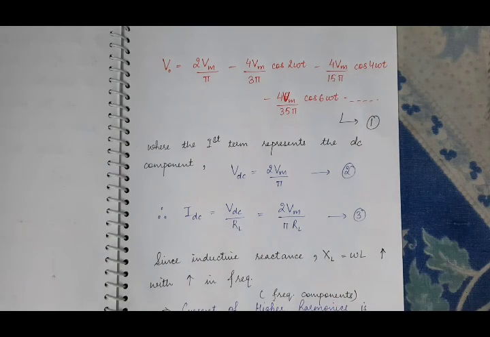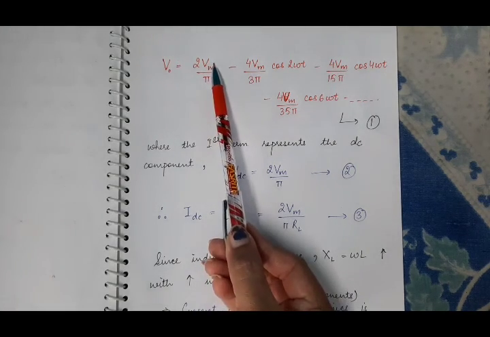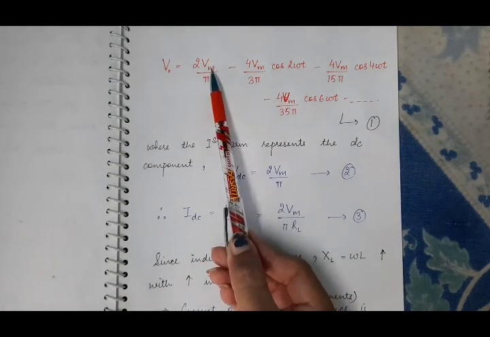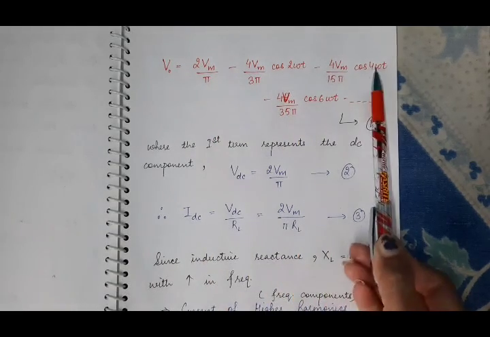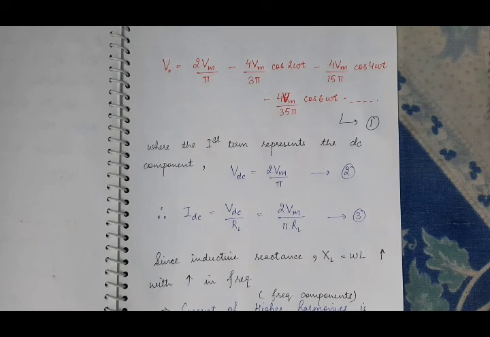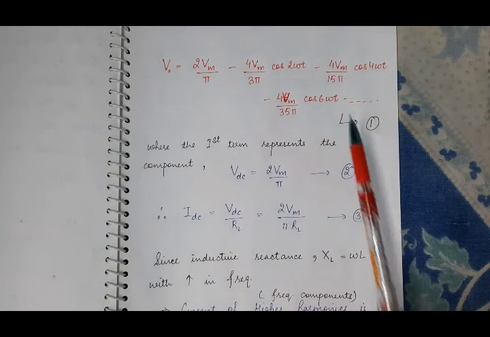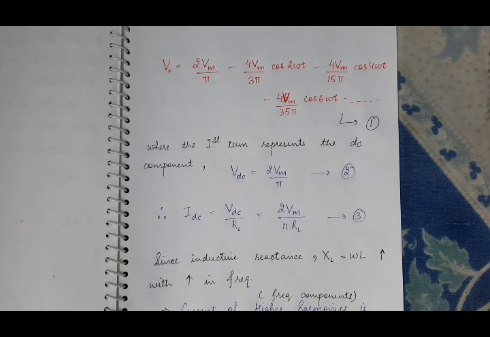It means they are frequency components or AC components, because for DC, omega is 0 so cos 0 will be 1, but here omega is non-zero. All the other components are known as AC components or frequency components, and they are also known as harmonics.